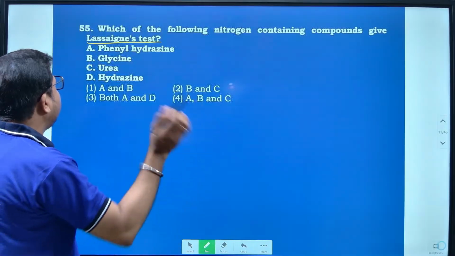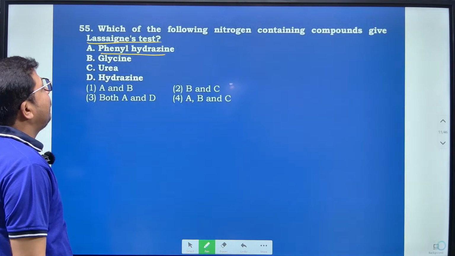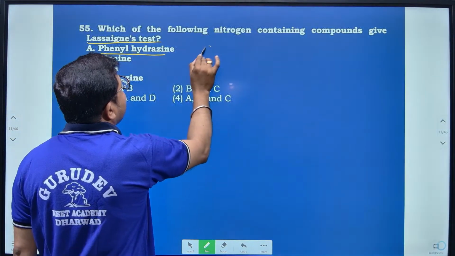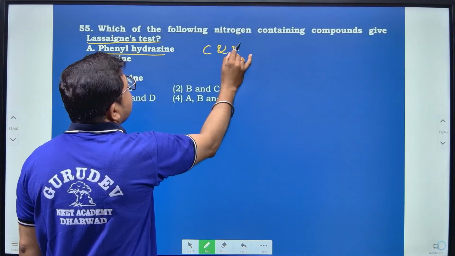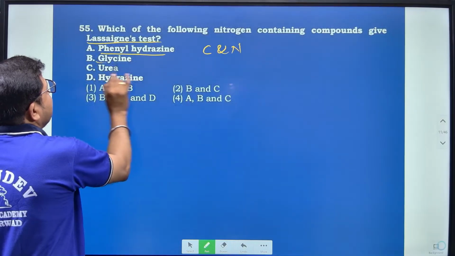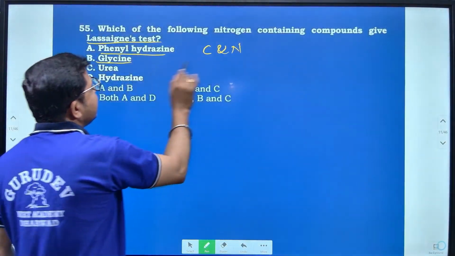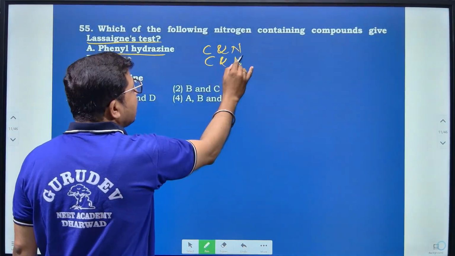Look at compound A. Compound A is phenyl hydrazine, containing carbon as well as nitrogen. And glycine is an amino acid compound, also containing carbon and nitrogen.